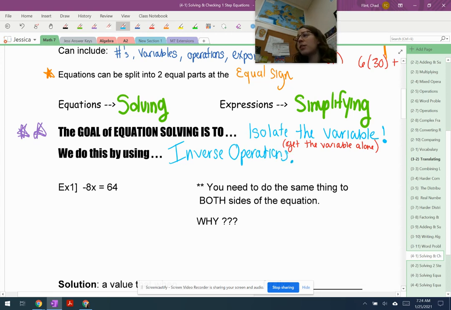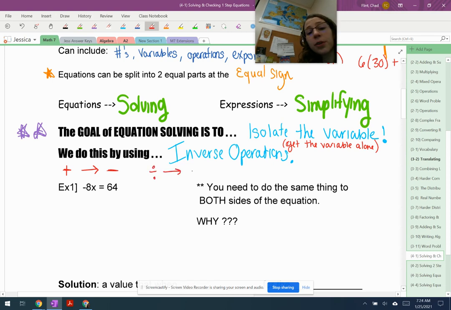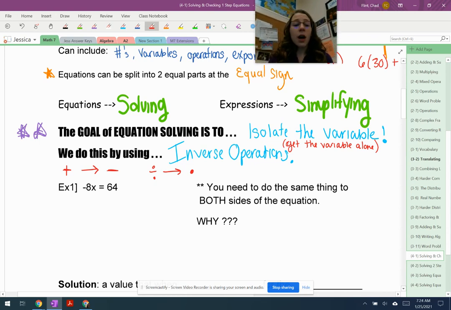Inverse operations being things like, if I'm talking about addition, the inverse operation of addition would be subtraction. If I'm talking about division, the inverse operation of division would be multiplication. Those opposite operations there.